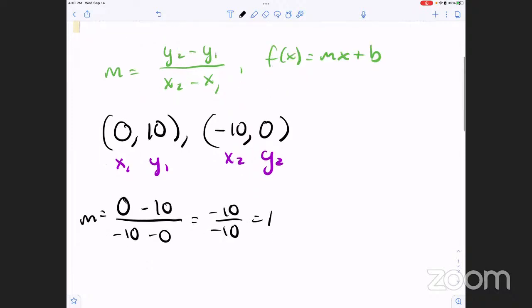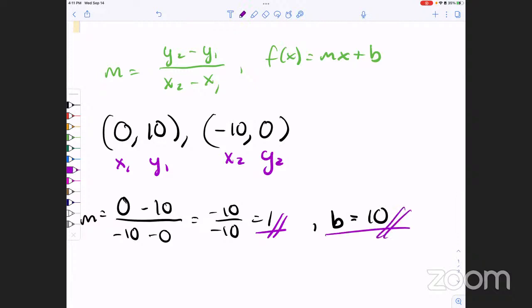All right. And then in this question, they gave us our y-intercept: when x is 0, y is 10. So if we want the linear function between these 2 points, our f of x is going to be 1 times x plus 10.